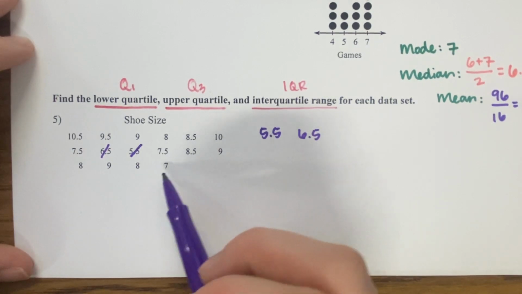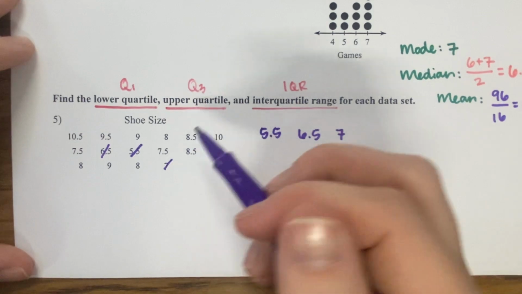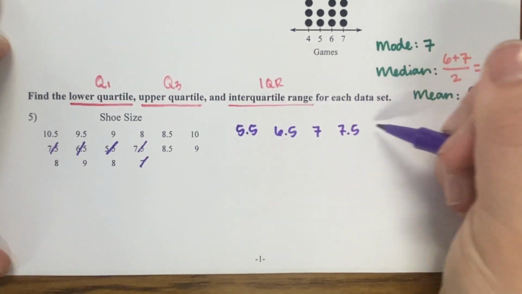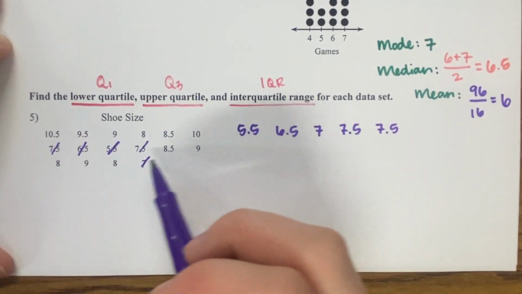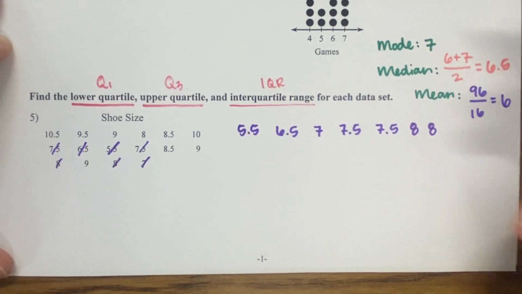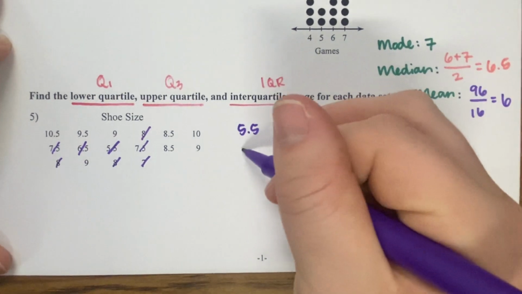Okay, then I have 7. Then I have 2 7.5s. 7.5, 7.5. Okay, 2 8s. Oh, actually 3 8s.